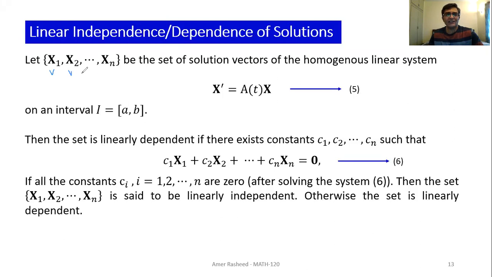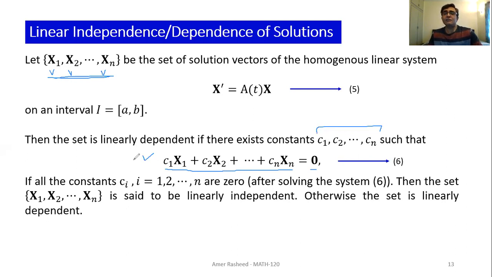Now, whether these solutions are linearly independent: this set of solution vectors is linearly dependent if there exist constants c1 to cn such that c1 x1 + c2 x2 + ... + cn xn equals the zero vector. This is a homogeneous linear system.